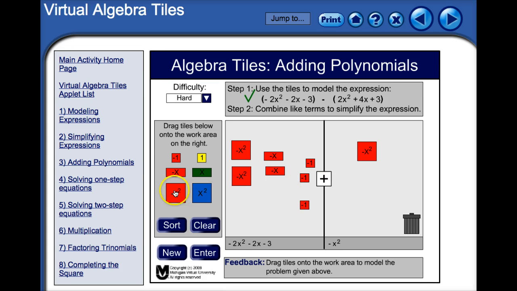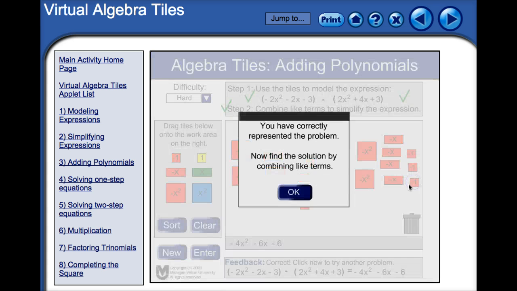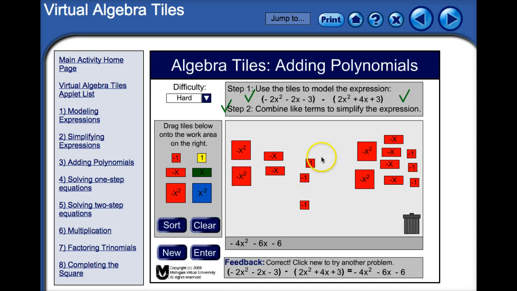So if I put negative 2x squared, and then negative 4x, and negative 3, then I will have correctly modeled this problem by changing the signs in this bracket all the way through.